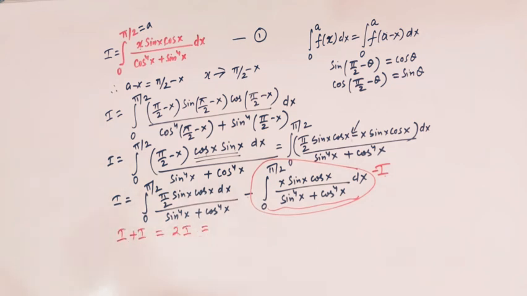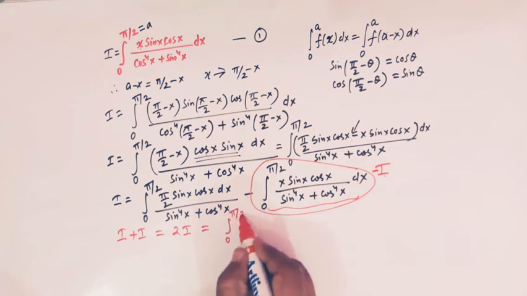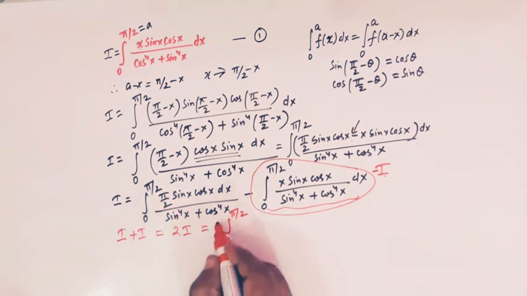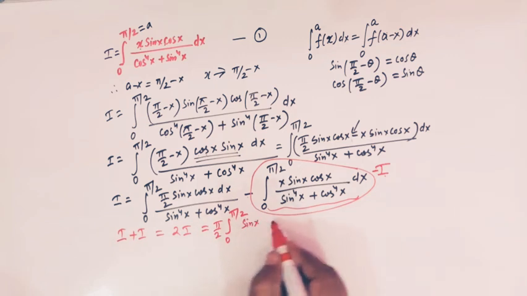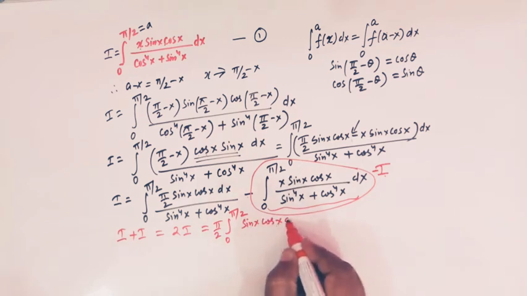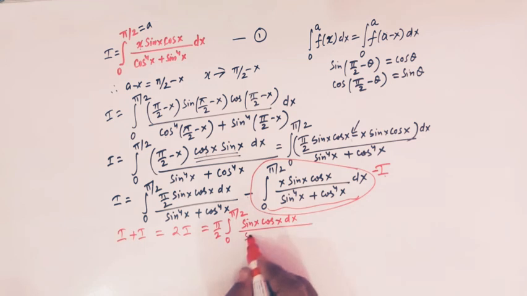This pi by 2 can be taken outside, and we have sin x cos x dx over sin^4 x plus cos^4 x.